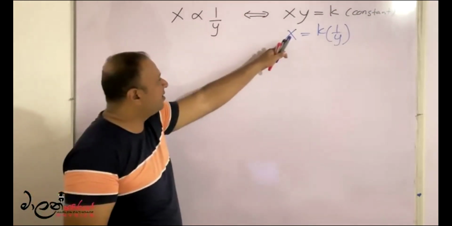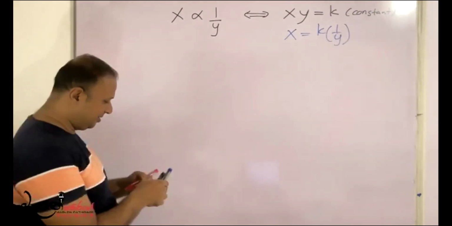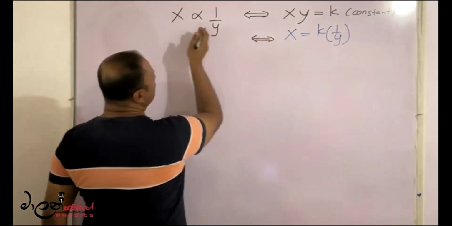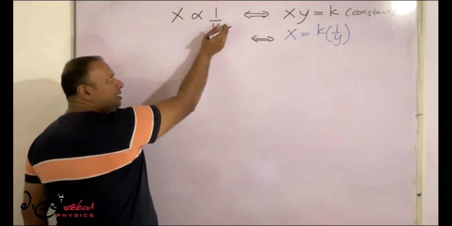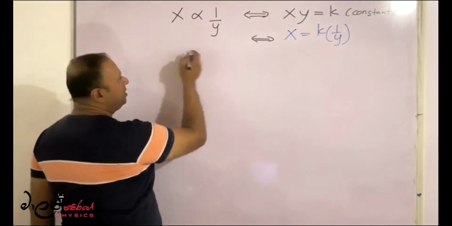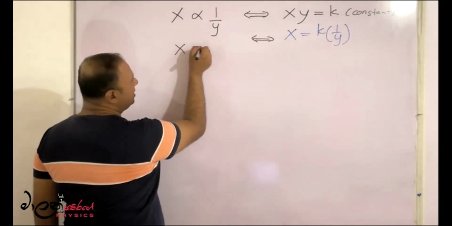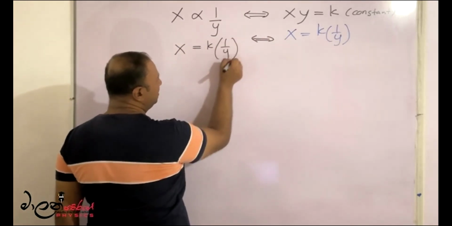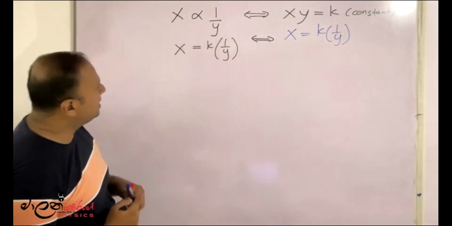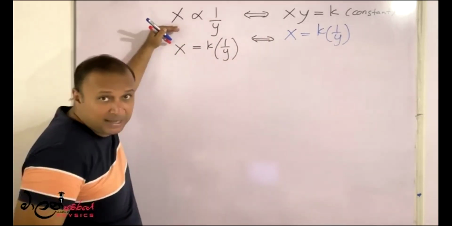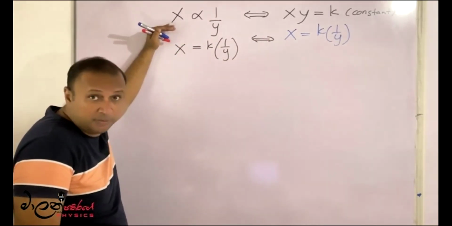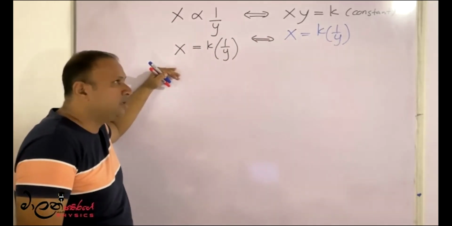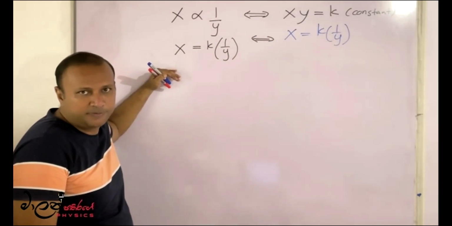So if x is indirectly proportional to y, then x equals k into 1 over y. This is the relationship between x and y, and this is the equation derived using that relationship.